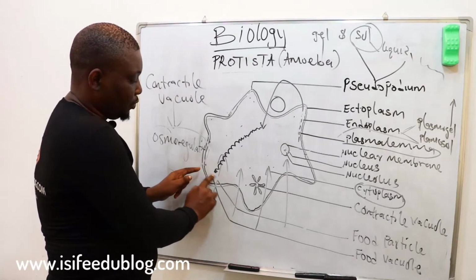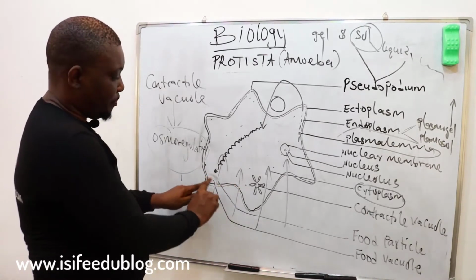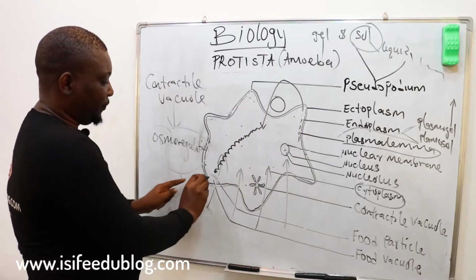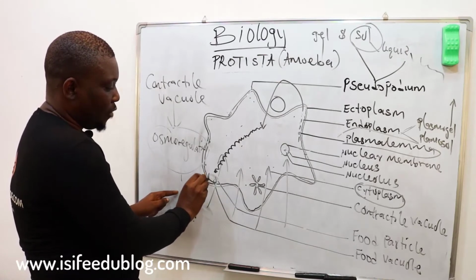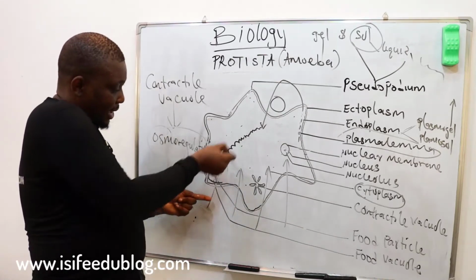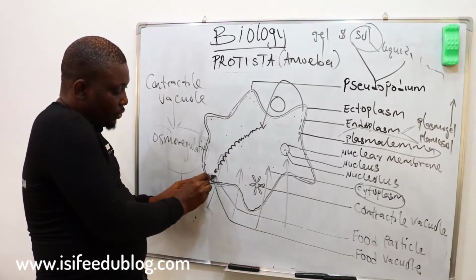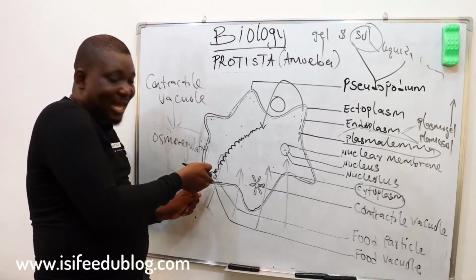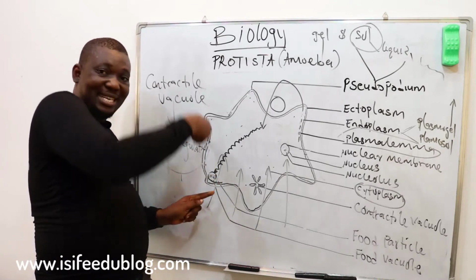In the absence of food, there is no food vacuole. But in the presence of food, as soon as food has been engulfed, the food vacuole is formed and is open this way. As soon as food enters, the vacuole stores this food. And as soon as the food is stored, the enzymatic activities start taking place in the vacuole.